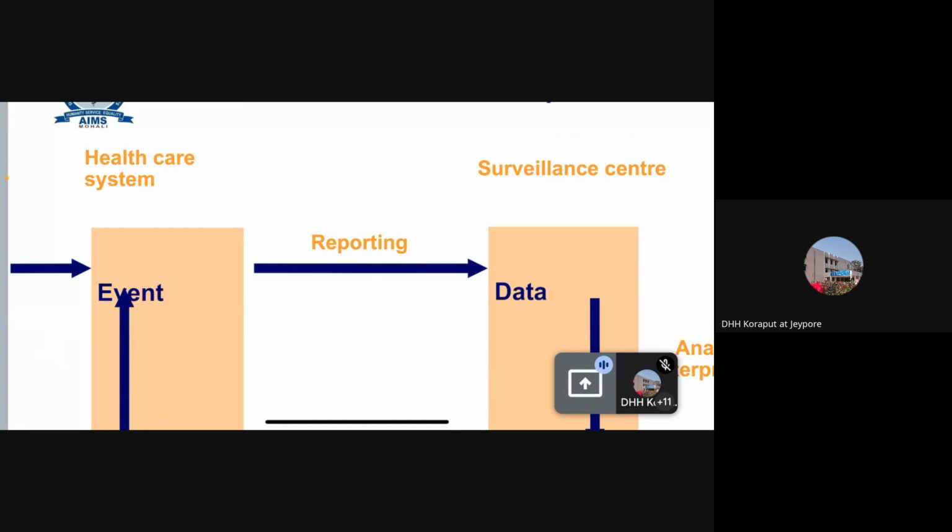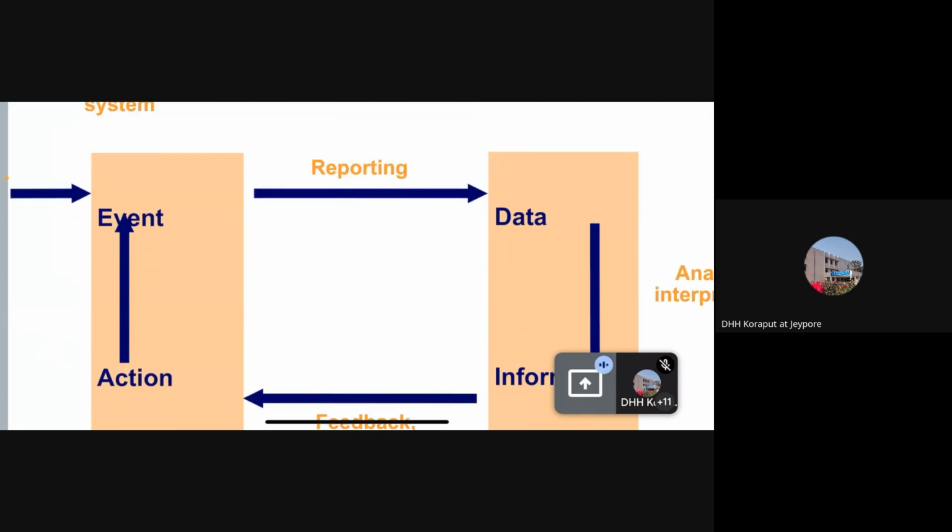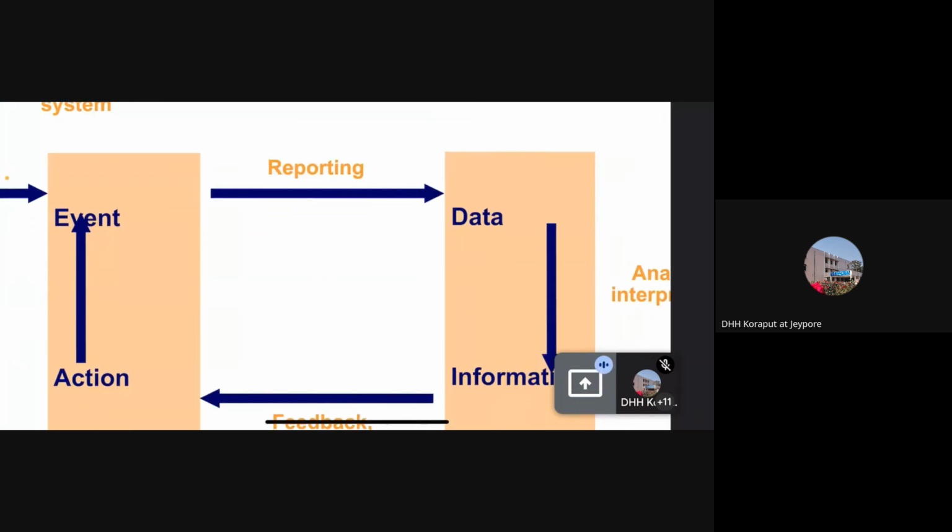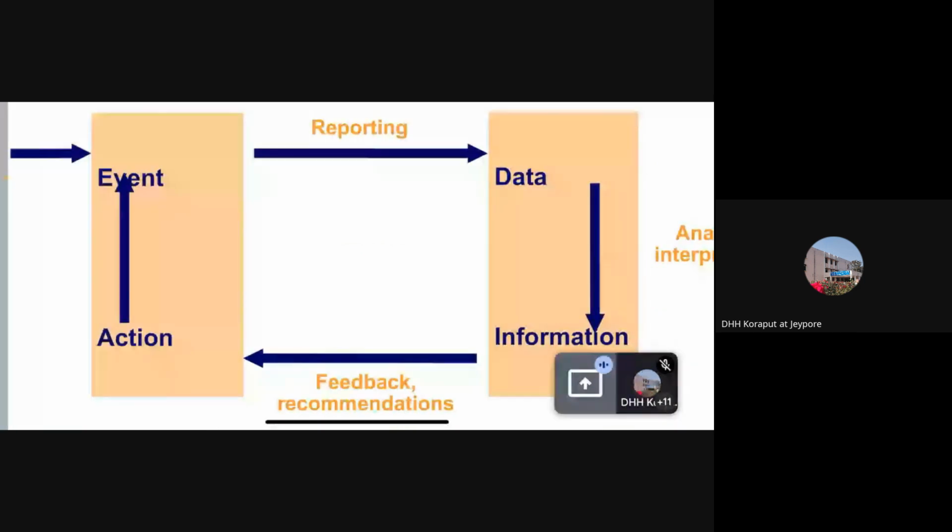So the data is collected, and then this surveillance team has to analyze it, to look for the root causes. They will give their feedback and recommendations to the final team, this HICC committee, and the committee has to take certain actions so that the event can be reduced, and we need to check whether by taking those proper measures the event has reduced or not.